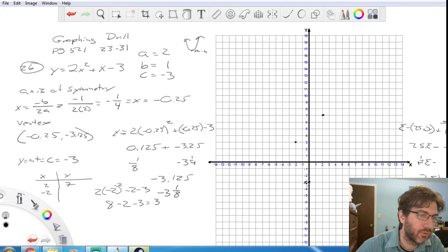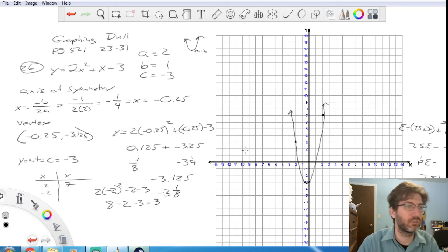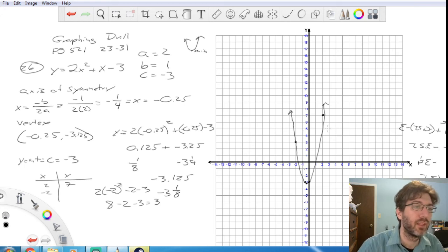So this side's going to look like that, and this side's going to look like that. And that's not too bad of a parabola for me, actually. So we got the 5 points, and you can graph it. It looks something like that, and it's kind of following the model that we thought it would be. It's not very flat because A is 2. You do have a coefficient there, so it's working out good.